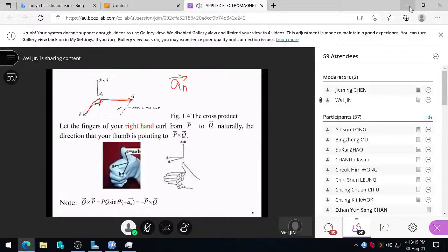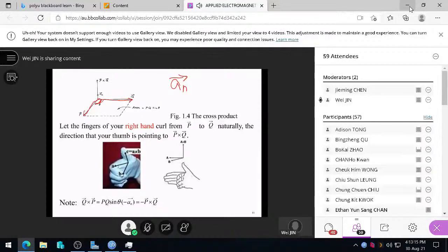The second row is the 3 components of A: the x component is 2, y is -3, z is 1. The third row is the x, y, and z components of B. Then you do the calculation.